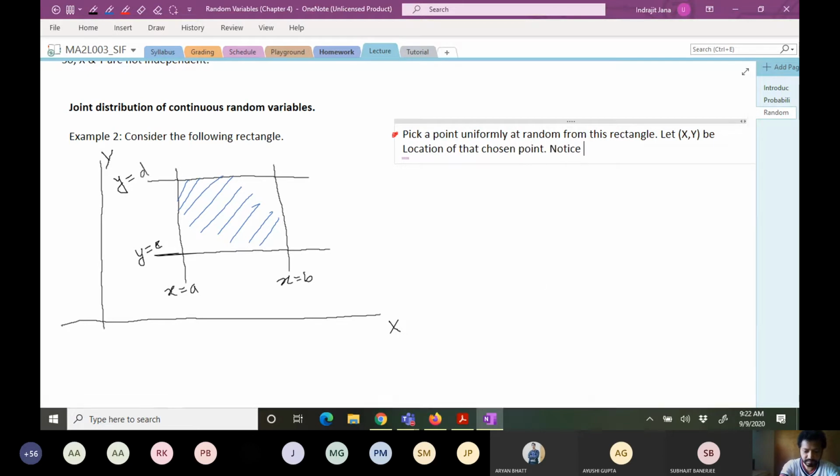Now you notice that this xy is a two-dimensional random variable.